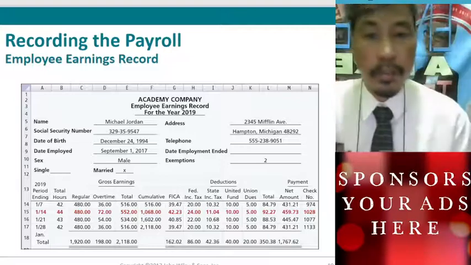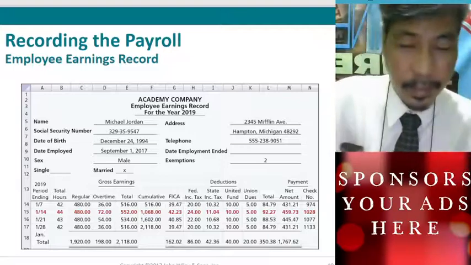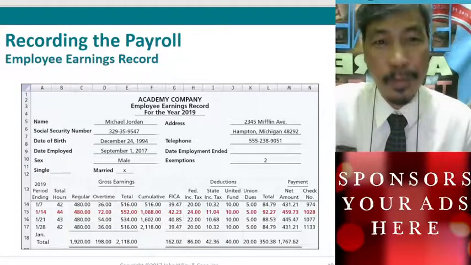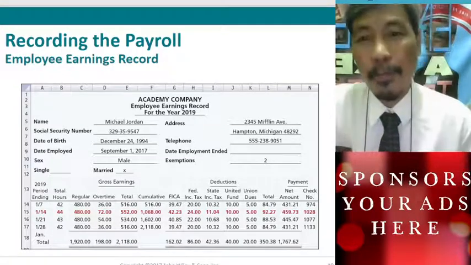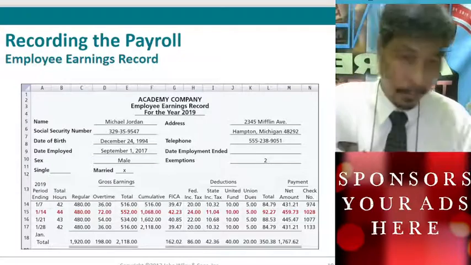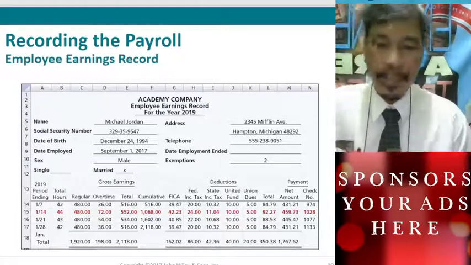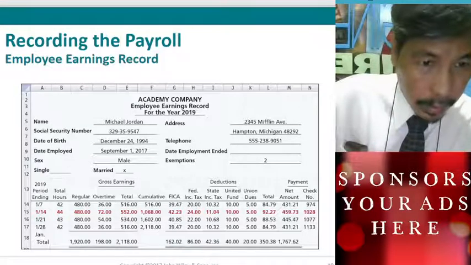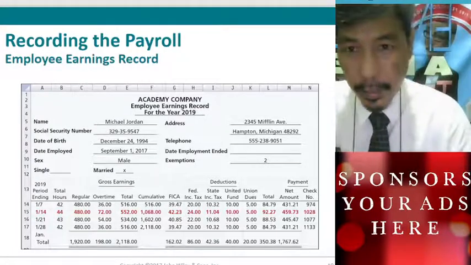In 4 years, imagine how much is the salary if you pay 1.7 million in 4 years. Imagine the salary. So that is how it works in developed countries.